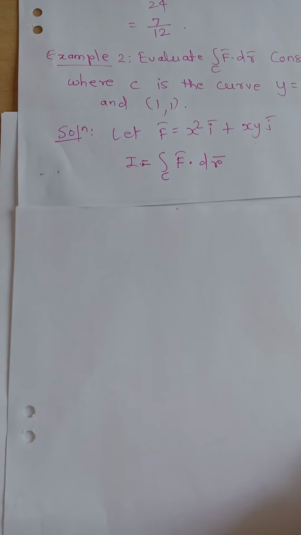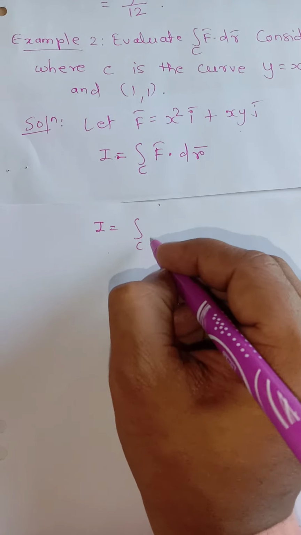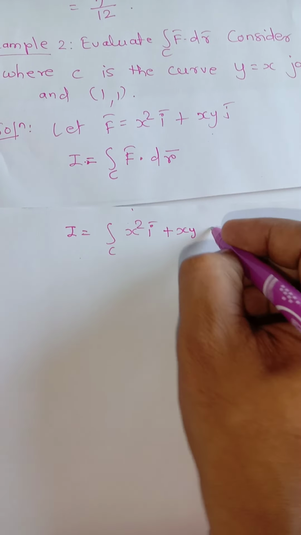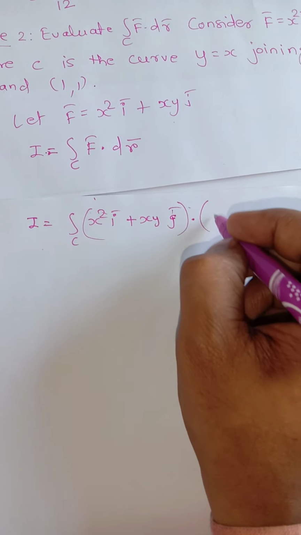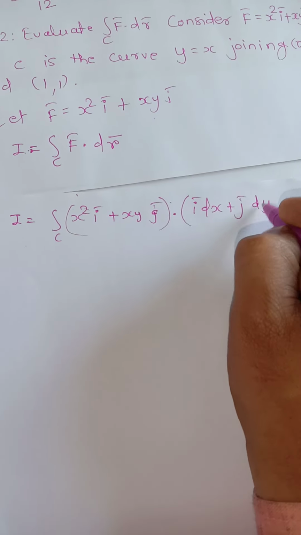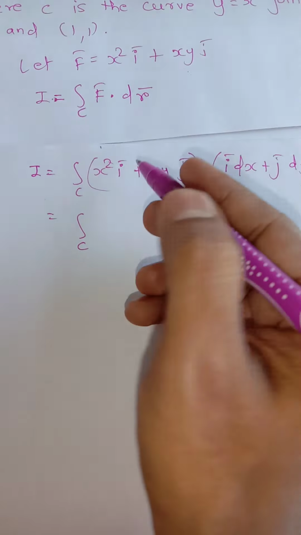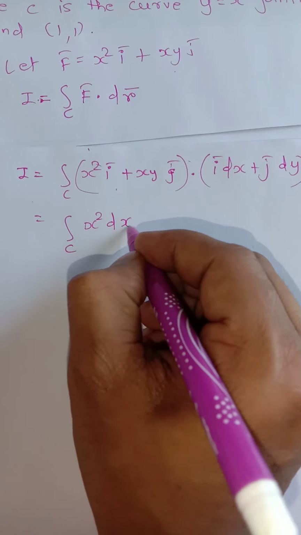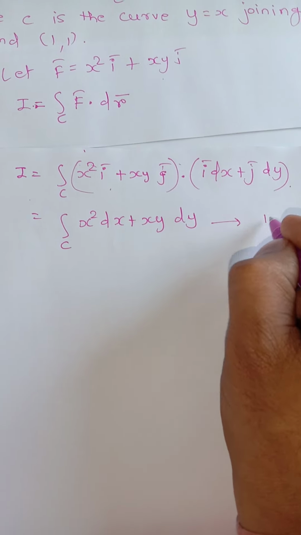So the integral I is equal to the integral over C of x square i bar plus xy j bar dot product with i bar dx plus j bar dy. So the integration over C of f bar dot dr bar is x square dx plus xy dy. Call this equation number 1.